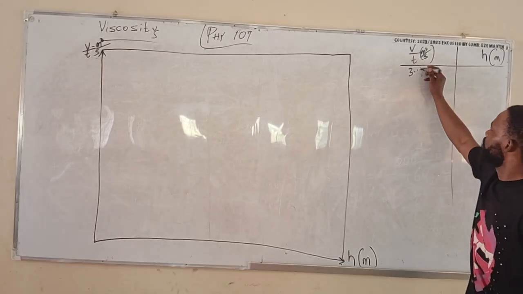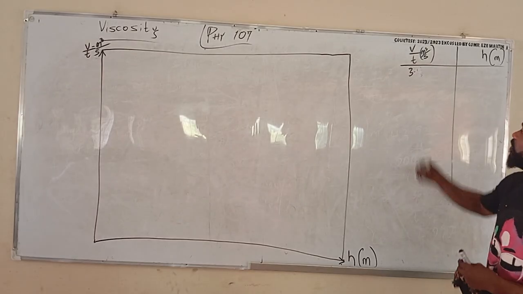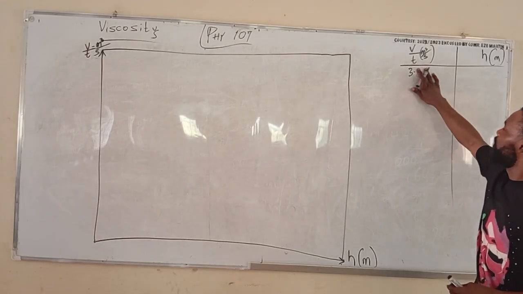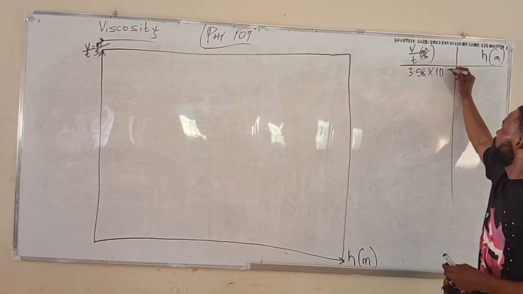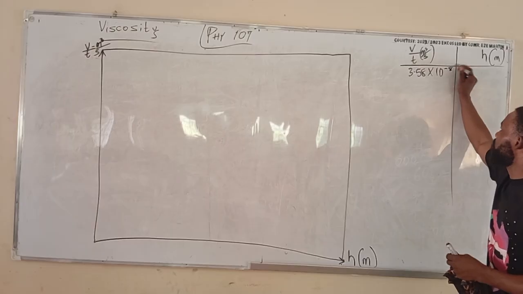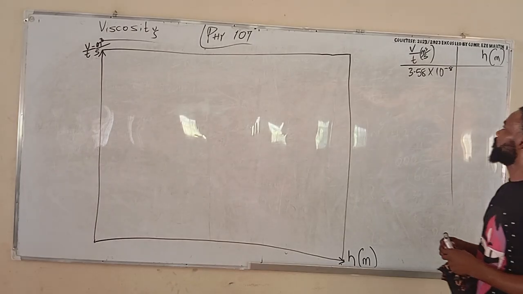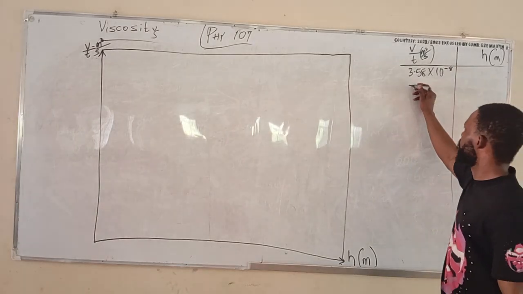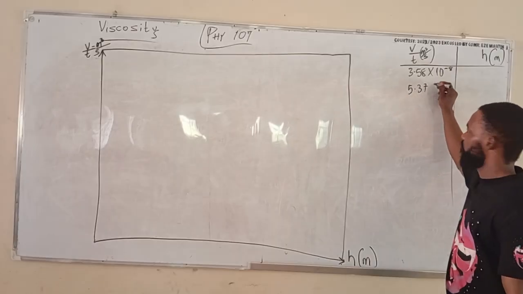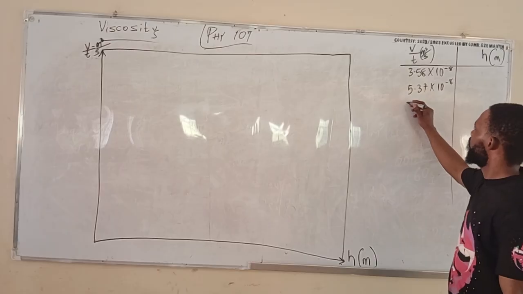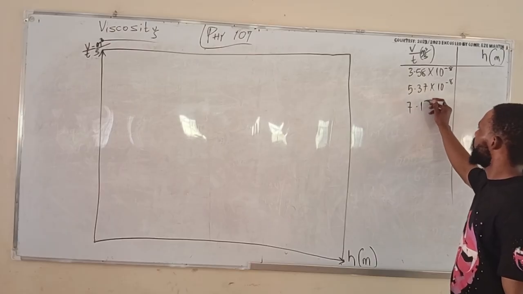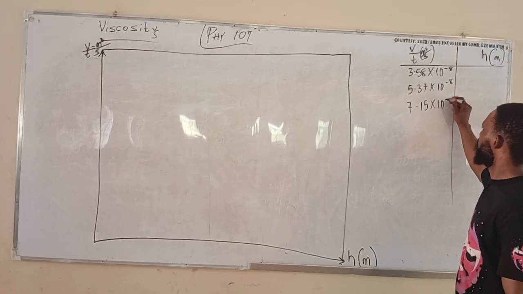3.58 times 10 raised to power minus 8. Minus 8. Okay, give me again. 5.37 times 10 raised to power minus 8.